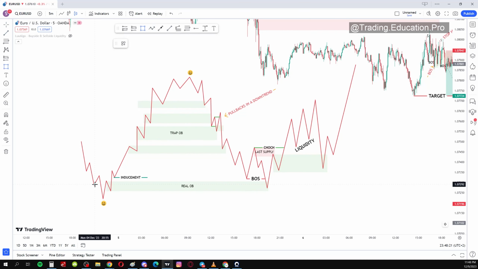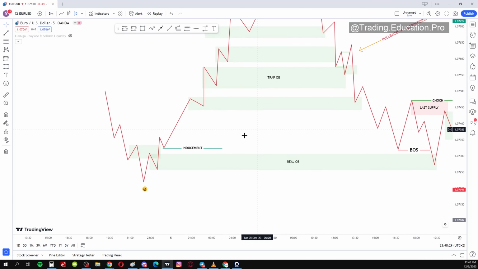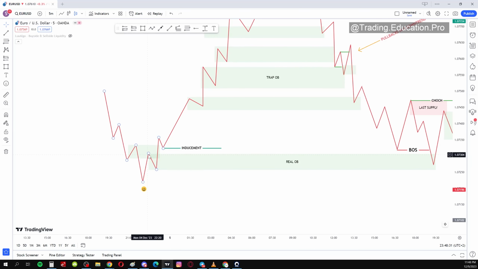Okay, so we have another flip zone here. This move came into this supply, gave a little reaction, but then eventually broke it. So this is also a flip zone, the same thing as this one.